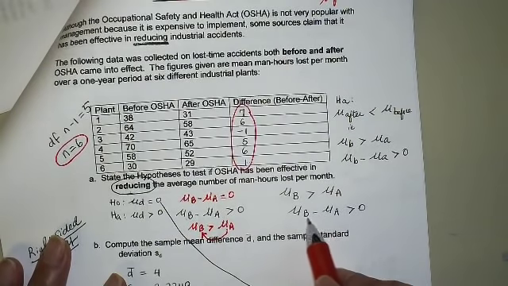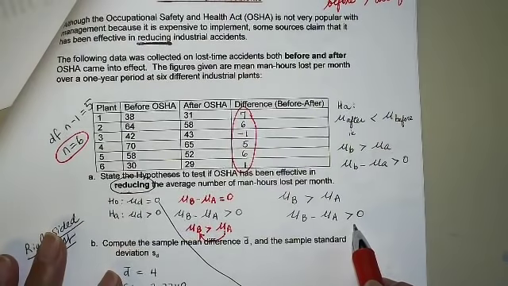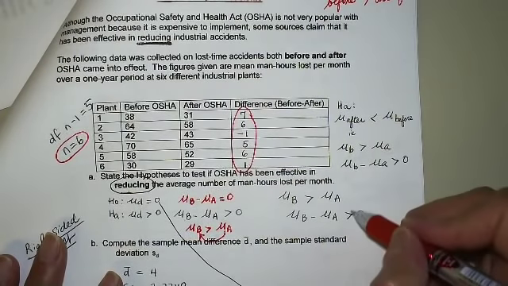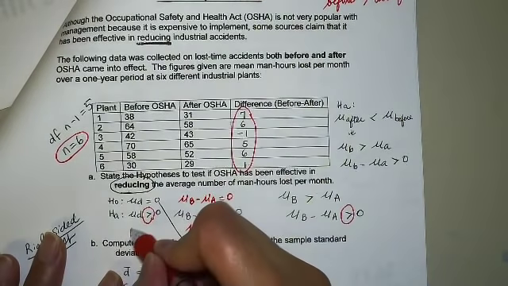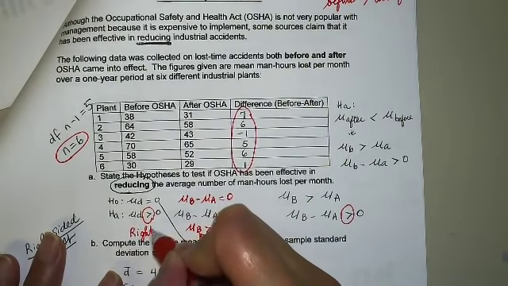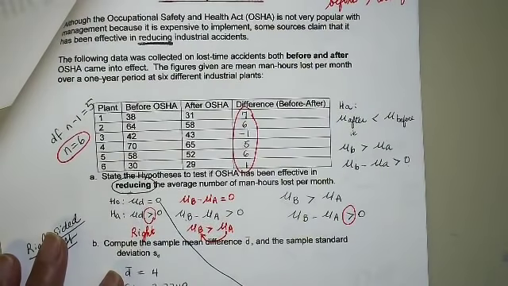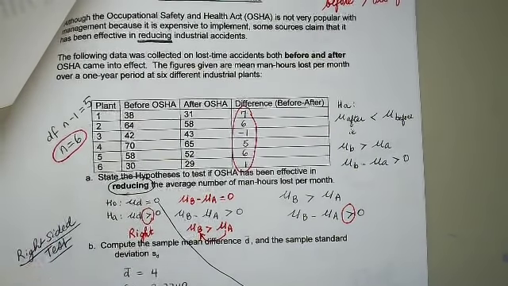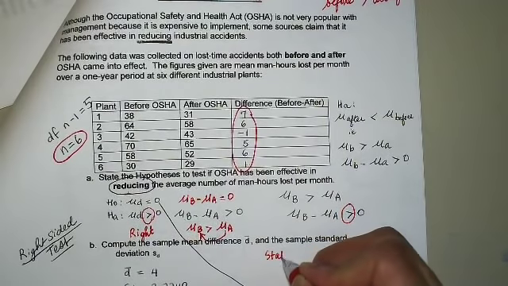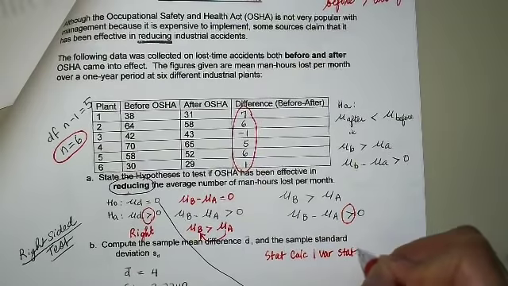Therefore, I want to see if mu before is greater than mu after. And once I bring this mu after to the left-hand side, it becomes this statement right here: mu before minus mu after greater than 0, which is why this is mu d greater than 0. So this will be a right-sided test. That's the hardest part of this process, and it's not even that hard.